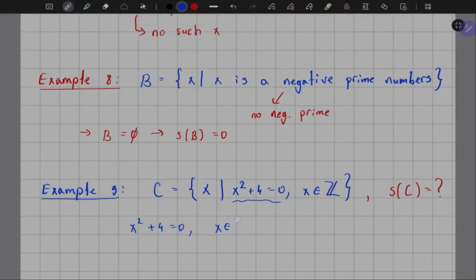Also x is an integer. We know that there is no integer such that x squared equals minus 4. There is no such integer whose square is a negative number. Since there is no x, our set C is an empty set again, and the cardinality of C equals 0.